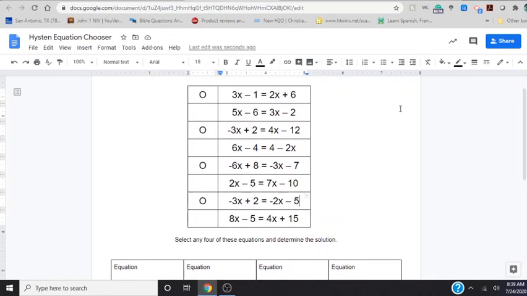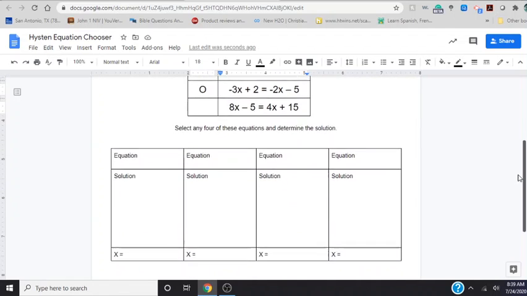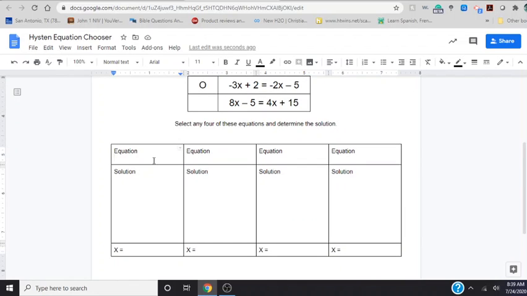Then come down here, and we're going to solve it. All right. So I'm going to highlight all that, copy, equation, boom, there's my equation. So my solution is, I type out what I would do. So first step is add 1 to both sides.